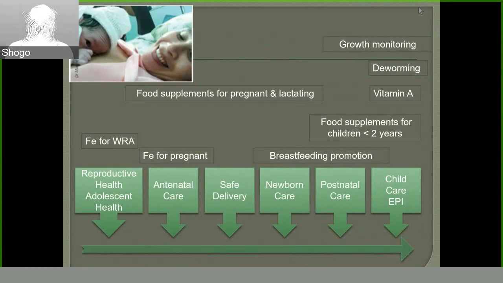Also, for example, child care and EPI are a good platform for deworming and vitamin A, I guess, in many other countries. So it sounds simple, but of course we encounter some challenges. And now I would like to talk about, next slide please, some of the challenges that we encountered and also the solutions.